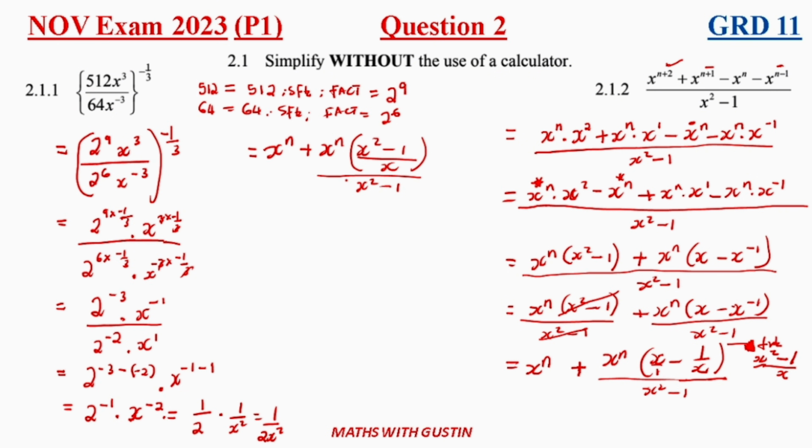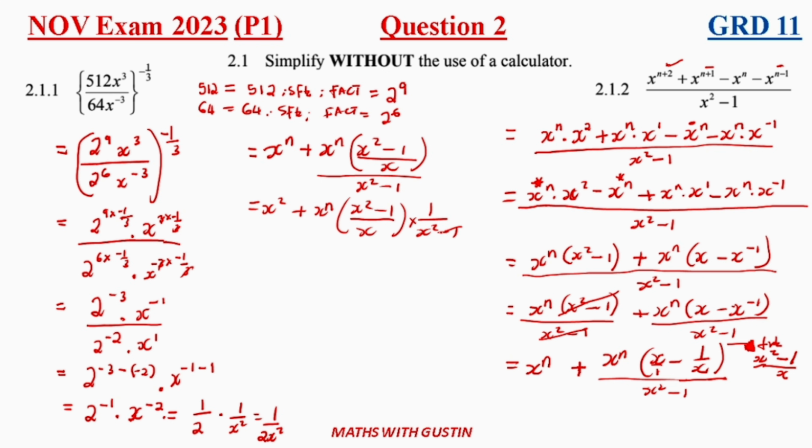Okay, so now on the x squared minus 1, if we take it out, and then we take the reciprocal of what is at the denominator there, here we're going to have x squared minus 1 all over x multiplied by 1 all over x squared minus 1.